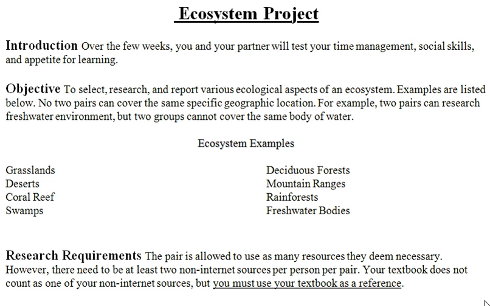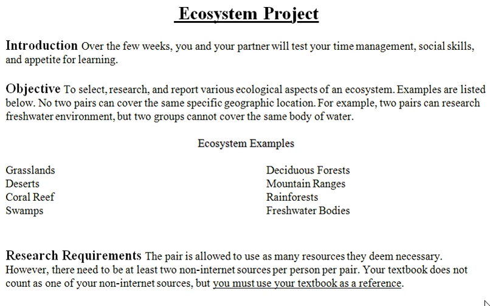So, your requirements. One, your pair is allowed to use as many resources as you want. I am going to limit you, though: I do not want you to use definition websites, things like Yahoo Answers or Web Dictionary, that kind of stuff.